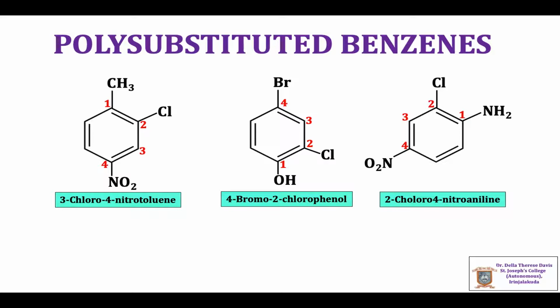In the first example, there are three substituents: CH3, Cl and NO2. A benzene ring in which one hydrogen is substituted by CH3 is called toluene.